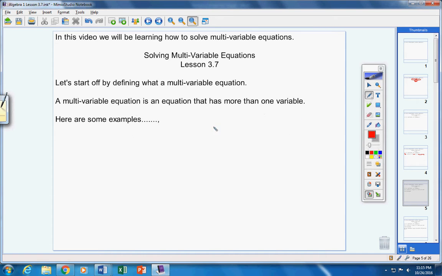Here's a multivariable equation, something like this. I have more than one variable, an x and a y. Here's a multivariable equation. The perimeter of a square. I have three variables, P, L, and W. Here is a multivariable equation if you want to write this down. Interest equals principal times rate times time. I have four variables.